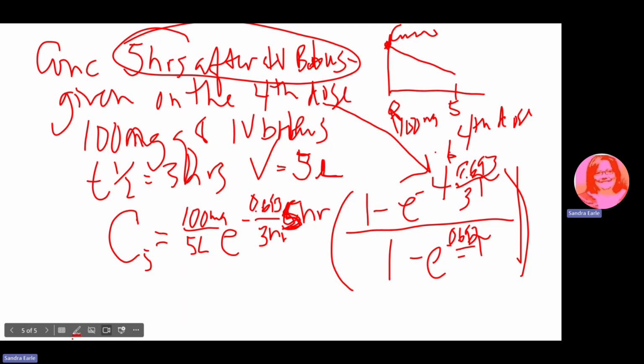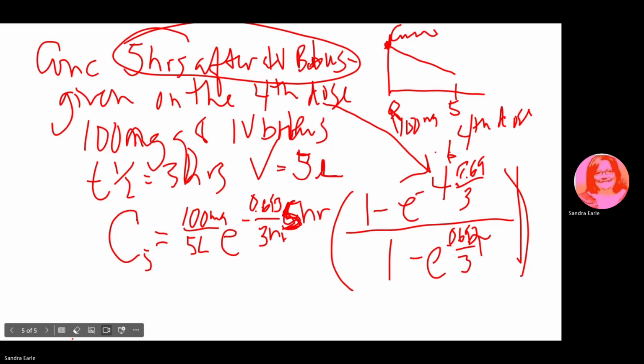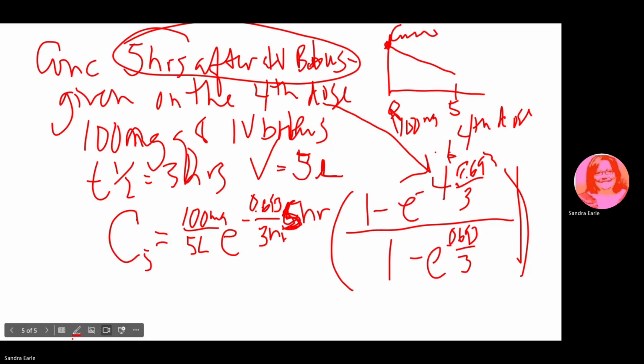And then our tau was given to be 12 hours. No, 8. Sorry, 8. Been working on too many problems. Okay, we just plug and chug that out, and that's going to give us our concentration 5 hours after the 4th dose. The trick is being able to understand what all these are, not getting freaked out by it, and just plugging and chugging away.